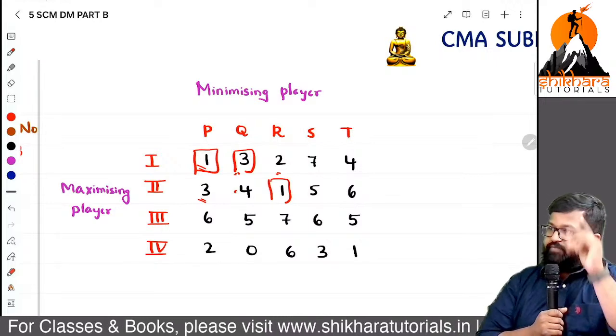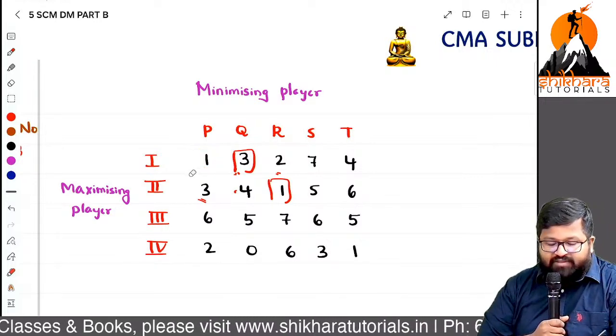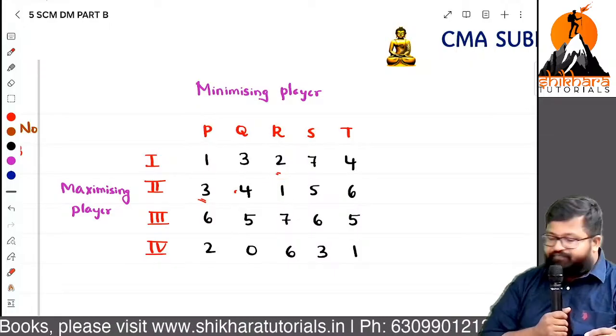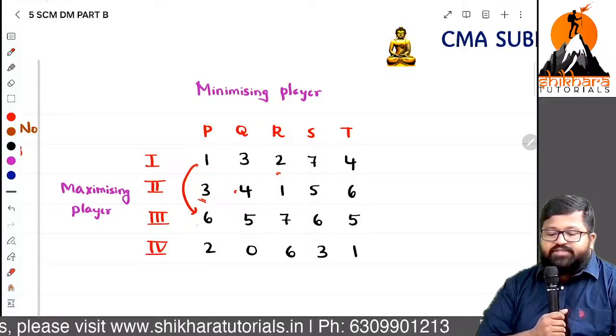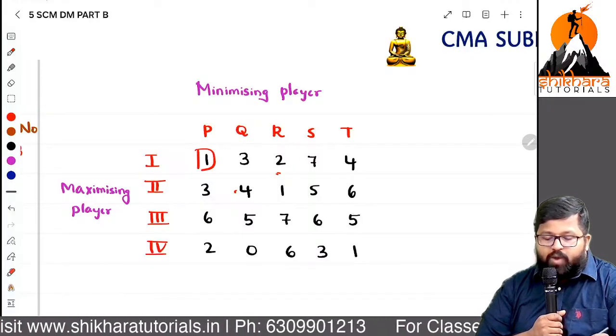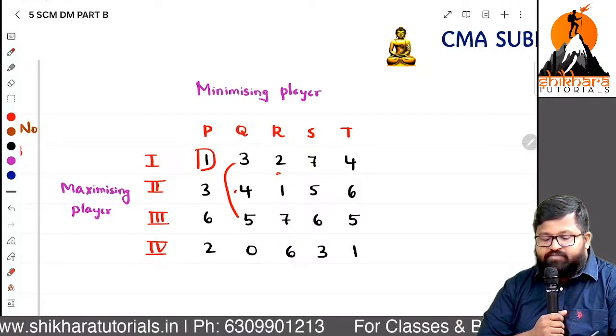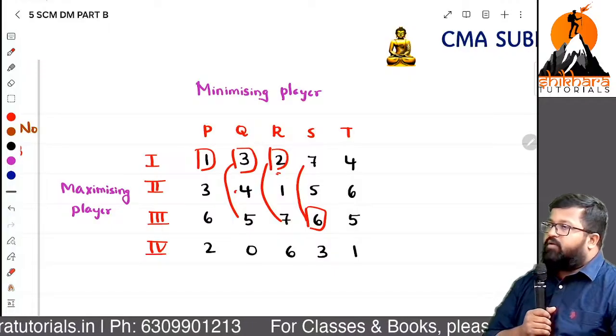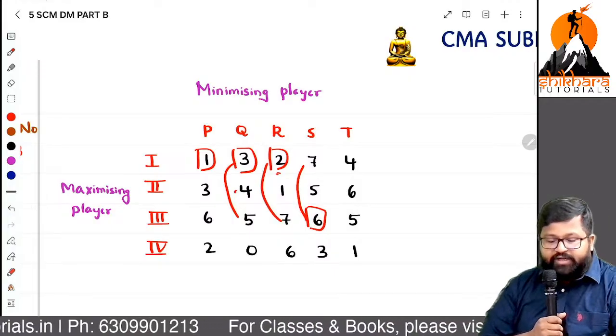So leave it. Now I am going with another comparison. If I compare 1 and 3, which is the least number? 1. And here, which is the least? 3. Here, 2. Here, gone. Again there is an effect on the continuity.